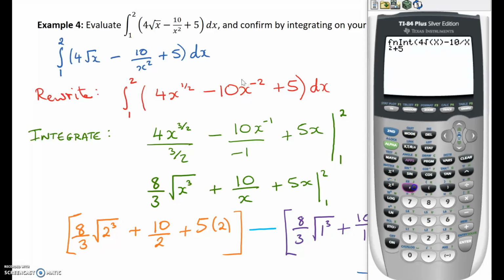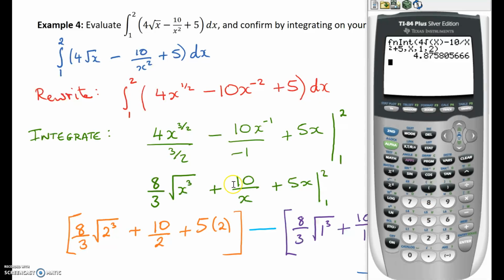Okay, comma, we want to declare that x is a variable. The bottom limit is 1, and the top limit is 2. Okay, so if we press enter on that, we get 4.875.